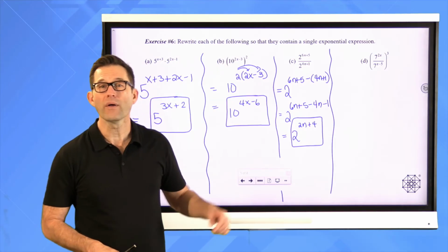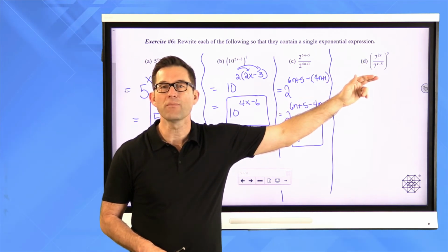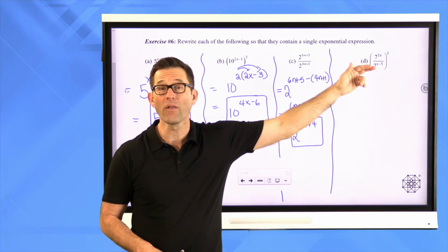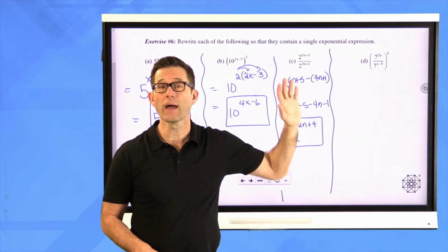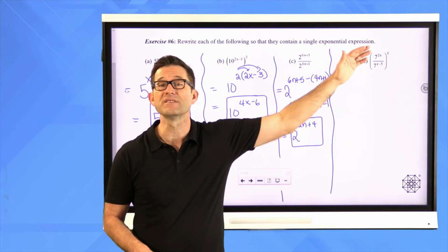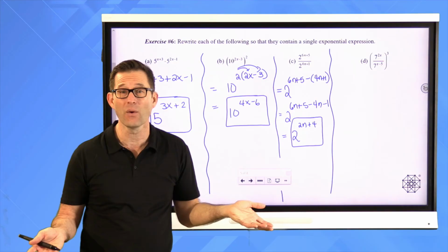All right, well here, I've got something raised to a power divided by the same thing raised to another power, and then all of that raised to an exponent. Okay? So the first thing that I'm going to do is tackle what's inside of the parentheses. Order of operations kind of says to do that anyway.